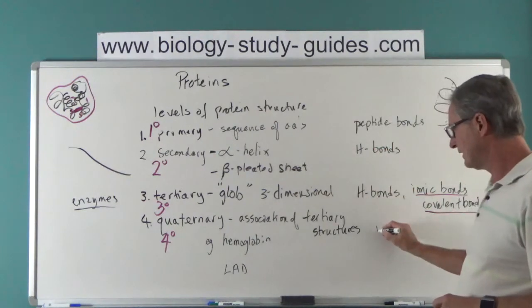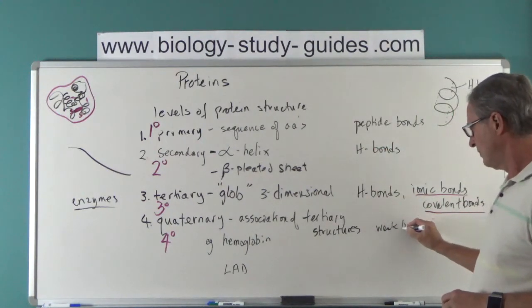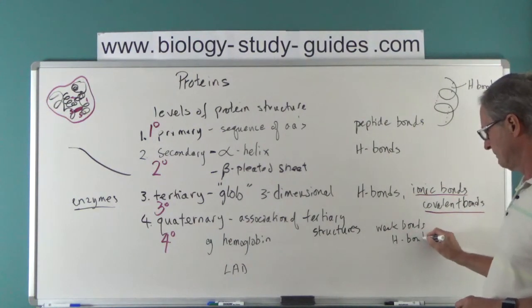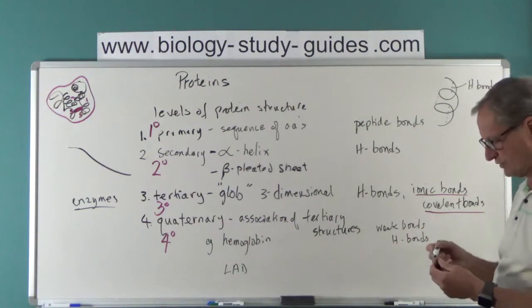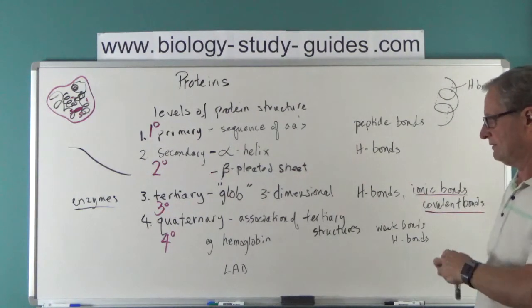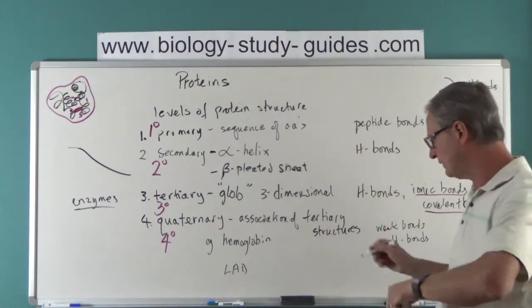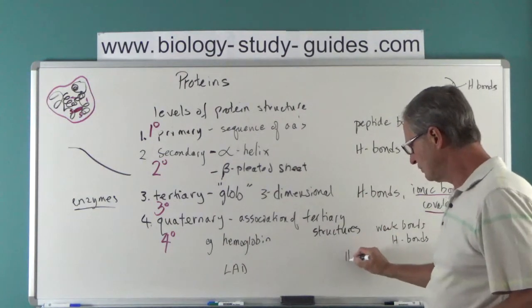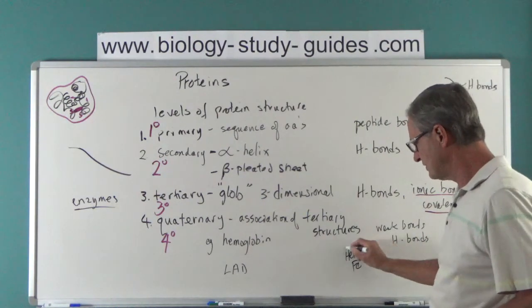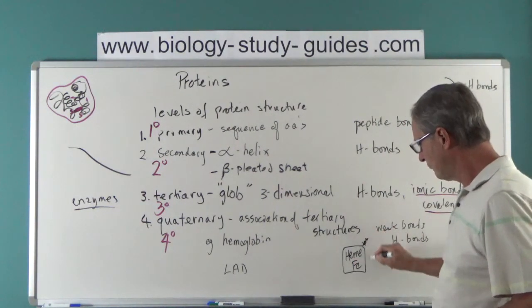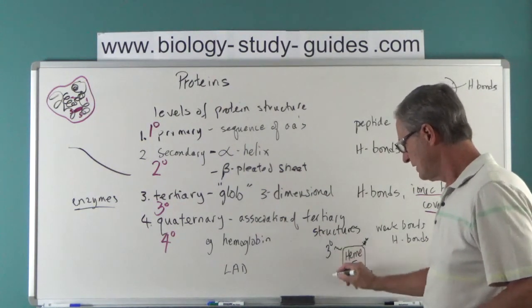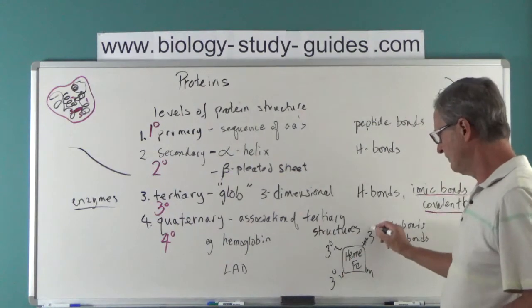And these ones are just held together by weak bonds, hydrogen bonds, attractive forces. They're held in association with a central group. For example, in hemoglobin, we have a heme group in the middle, which is where the iron is contained, and you wind up with 4 tertiary structures associating with that heme group.